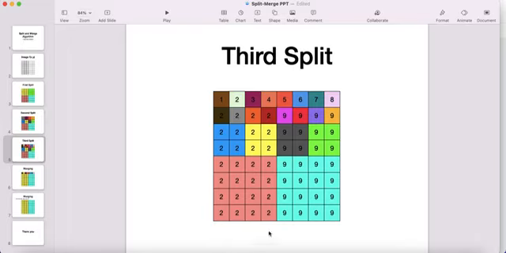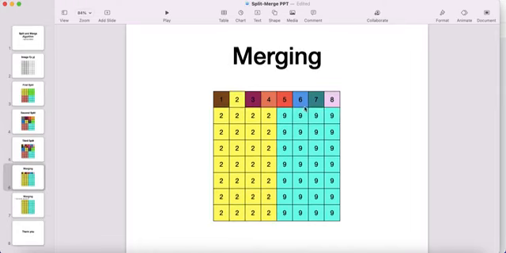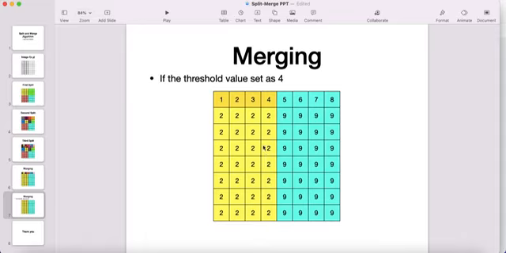So 4 and less than 4 we are going to group together. Above 4, the intensity values which are greater than 4 will be merged together. These are all the intensity values above 4. So by that case, there will be only 2 regions.